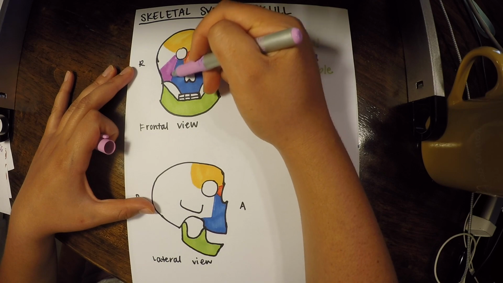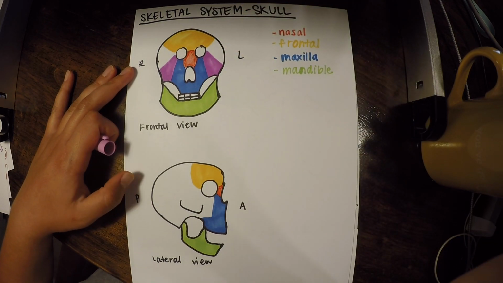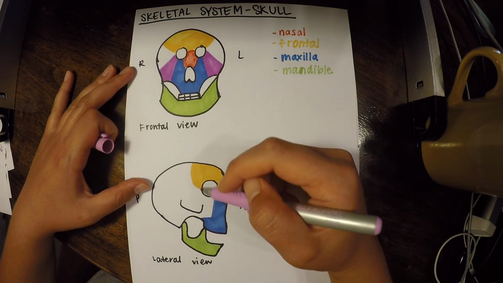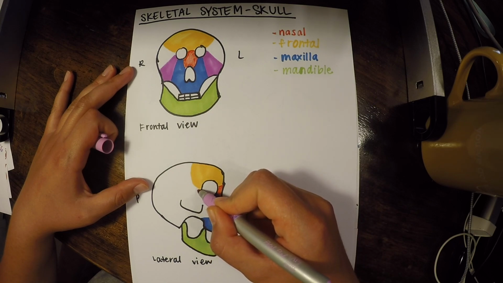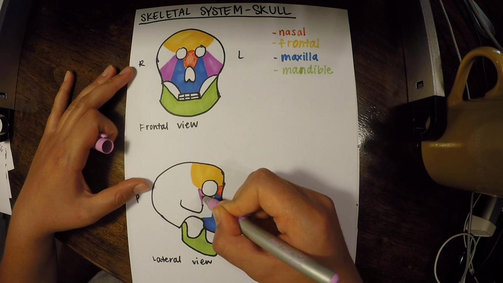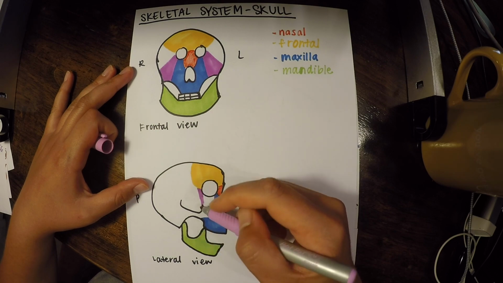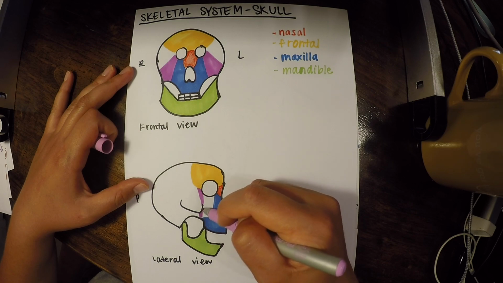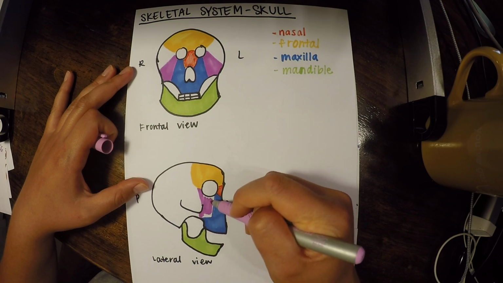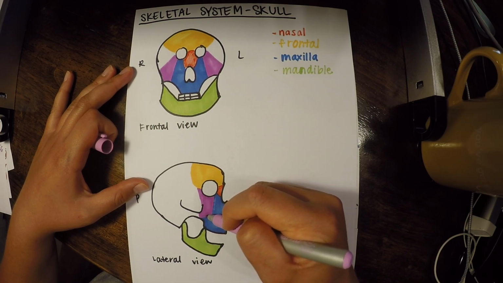But for the most part, it's going to be almost exactly the same. And our zygomatic bone here is going to be seen right there in the lateral view.